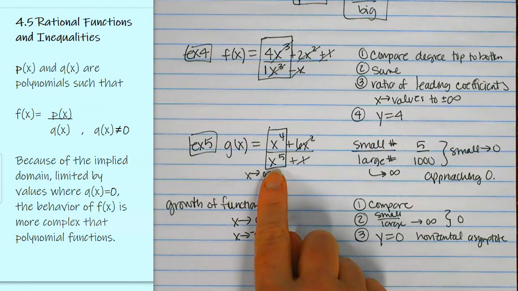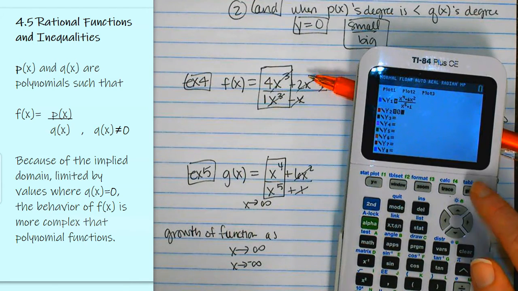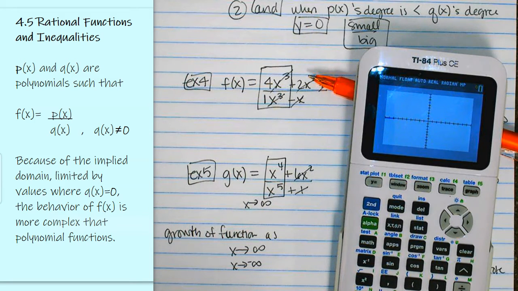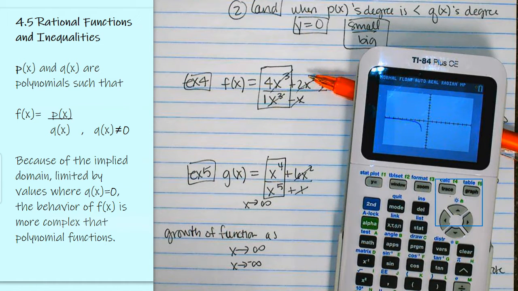In fact, this is 0. So here's my equation. I've got the function and y equals 0 just to see it. My function clearly looks like it's near 0 here. It's finding a vertical asymptote and another vertical asymptote. And then now it's going towards 0 again.